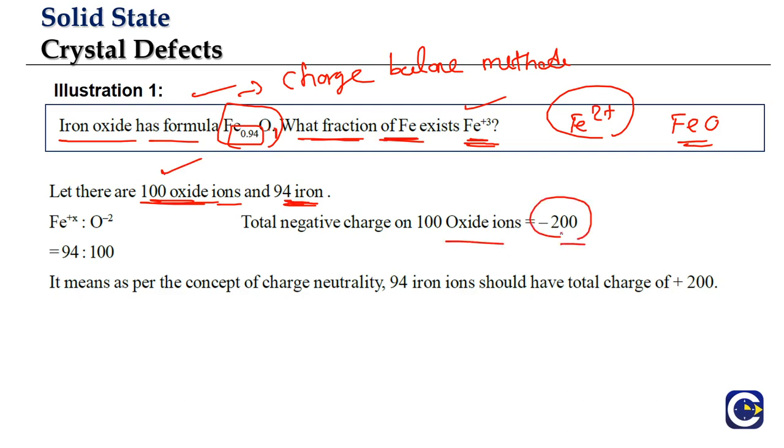For the 100 oxide ions, what will be the total negative charge? Each oxygen is having -2, so 100 into -2 will be -200. Since we are talking about charge balance, electrically the substance must be neutral.